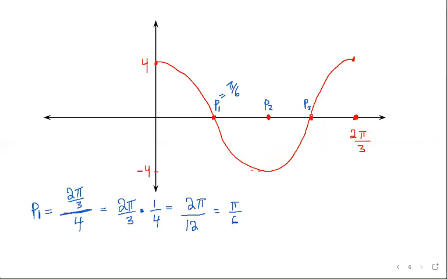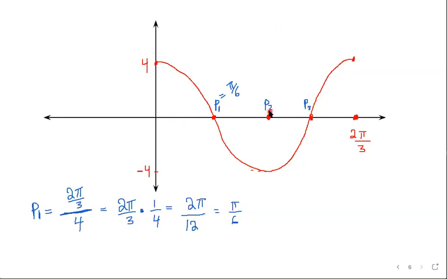The second thing we have to know is that the distance from here to here is the same as from here to here, and so on. All of these distances are equal.